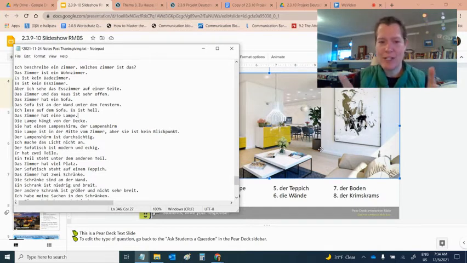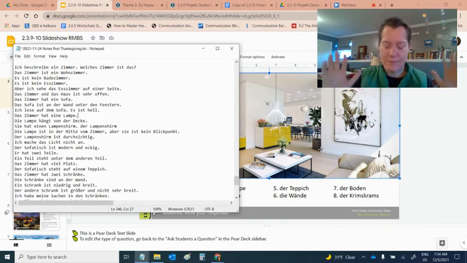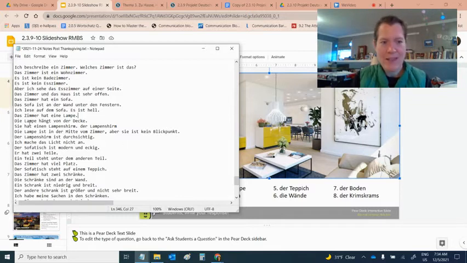Yeah, anyway, it would be too much. Sometimes you can't even think of the words in English, right? So that's another thing that this room has. It has a lampshade. All right, sie hat einen Lampenschirm.